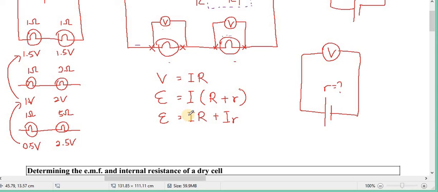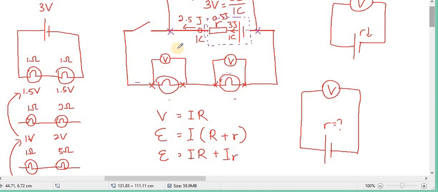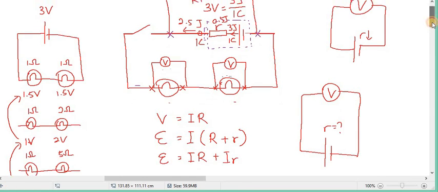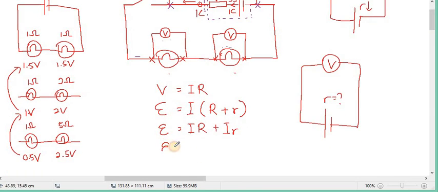So current that passes through external resistance times the external resistance, then you get the potential difference outside the source, outside here. Current outside here times resistance outside here, you get the potential difference outside here. So the potential difference outside here, we represent with the symbol V.